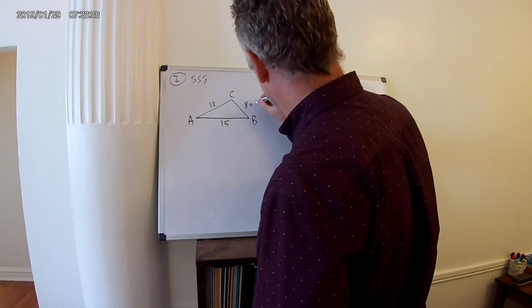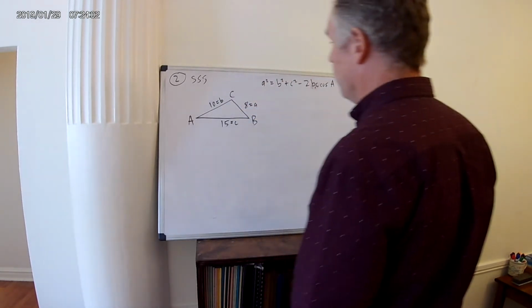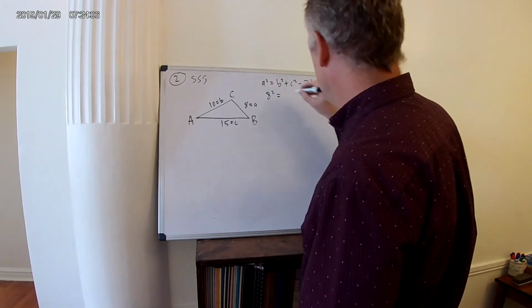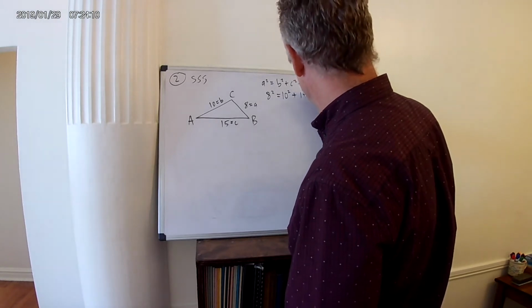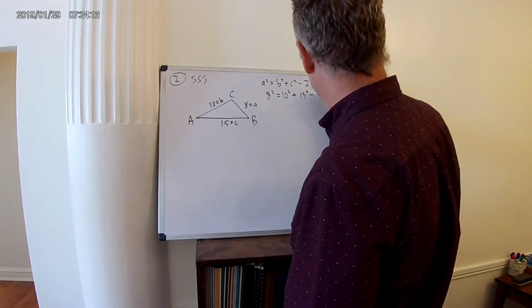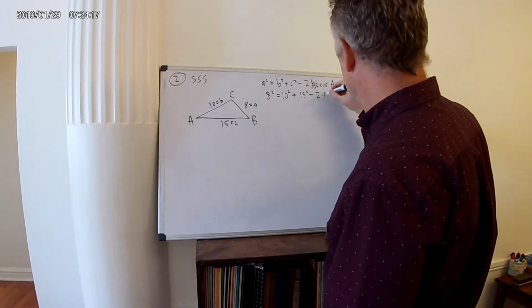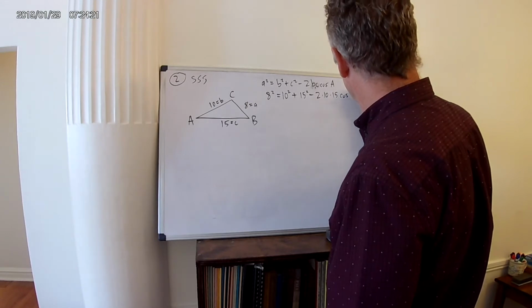This is, by the way, side A, this is side C, and that's side B, based on the angles. So we have 8 squared equals 10 squared plus 15 squared, minus 2 times 10 times 15 times cosine of angle A.